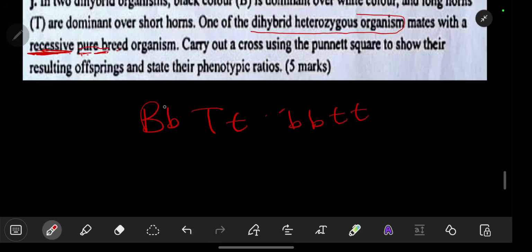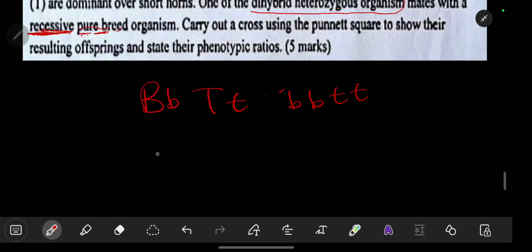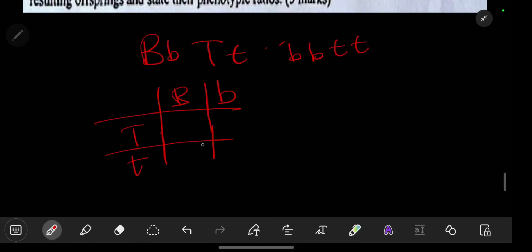Then here we are going to shuffle them. We are going to have our B, T, and so we have our B, T, we have our B, small t, we have our b, big T, our b, small t, like that.